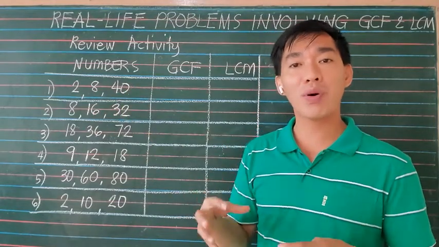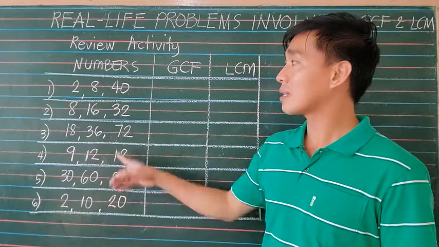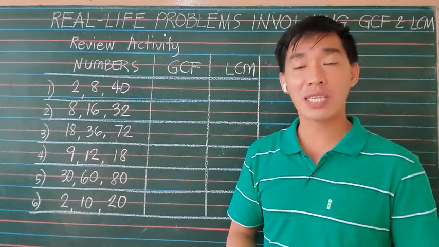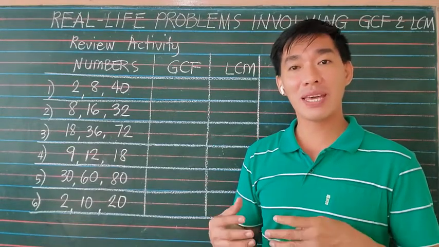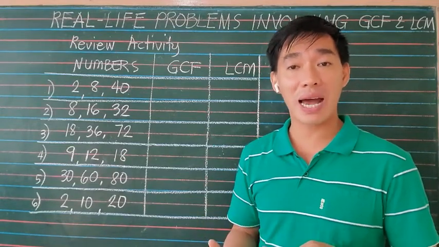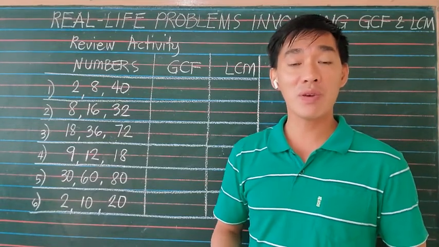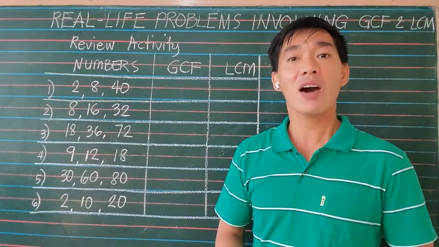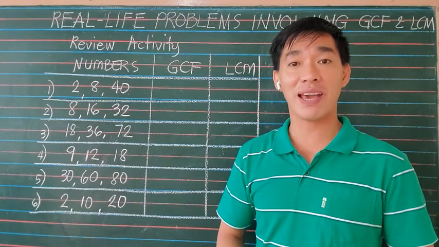All the non-common factors are added to the common factors, and that would already be the LCM of these numbers. I already gave you examples before in my previous video. You could review my previous video on my YouTube channel to be enlightened on how to use prime factorization in getting the GCF and LCM.